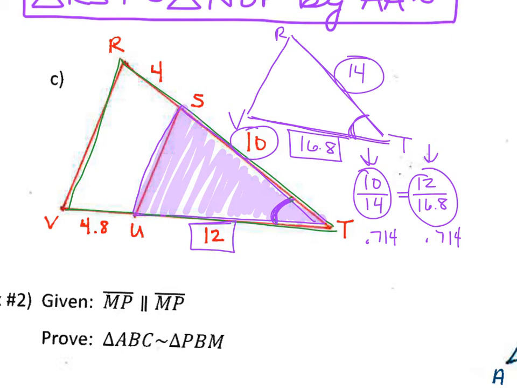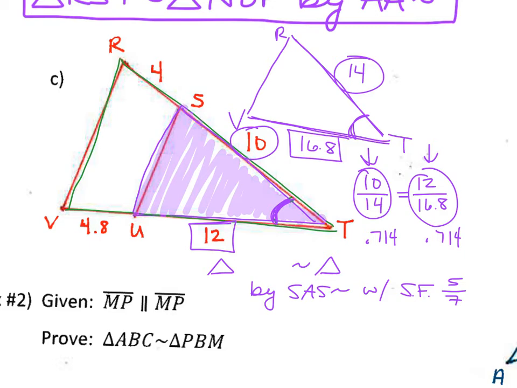So we're gonna say right now, triangle something is similar to triangle something by SAS similarity with a scale factor of 5 to 7. So if I'm saying 5 to 7, which triangle is coming first? The smaller one.